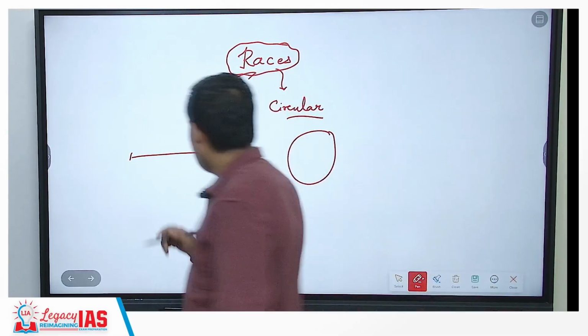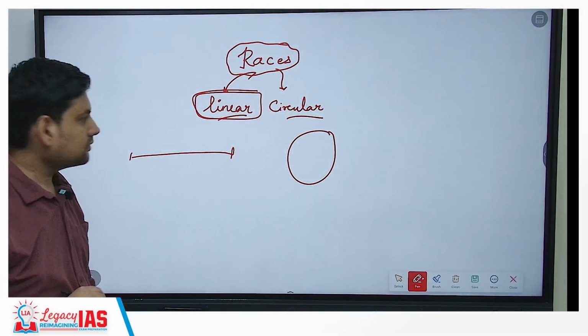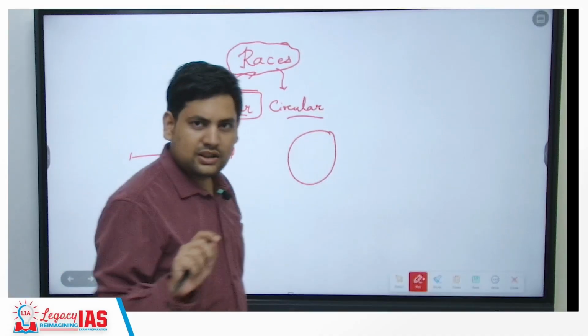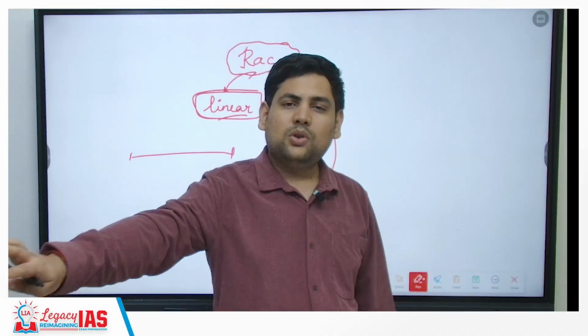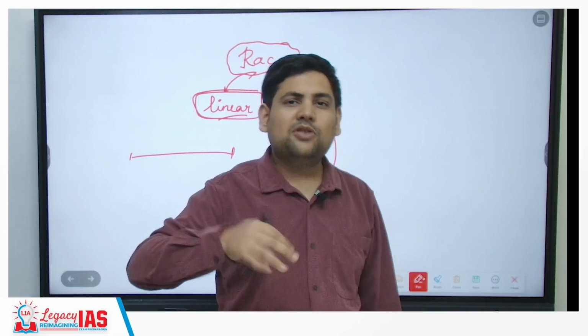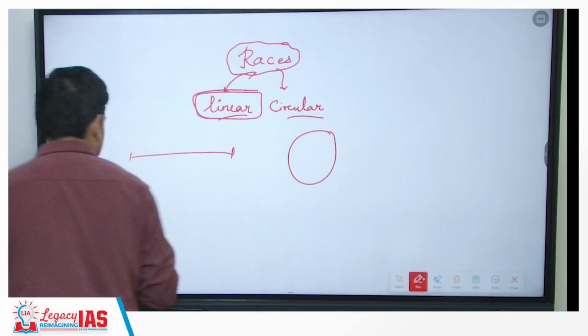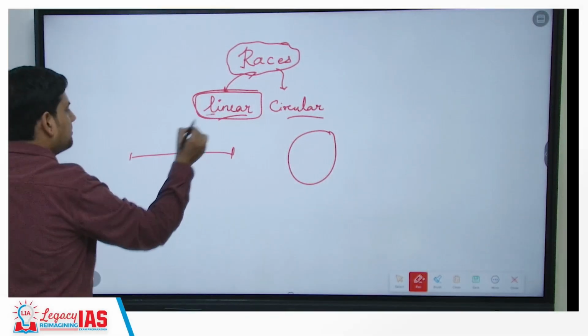Now our topic for today is only linear races. In linear races, you understand what is a linear race. 100 meter, all of them have to go. By how much distance one person wins, by how much time one person wins, this you understand. Now see this, there are two terms that are important here.